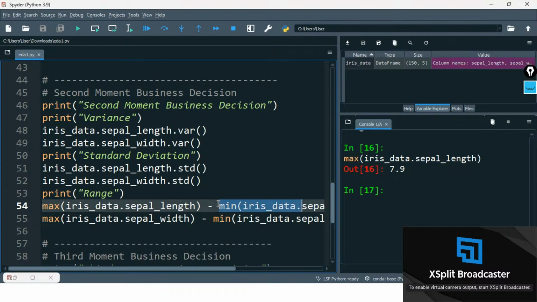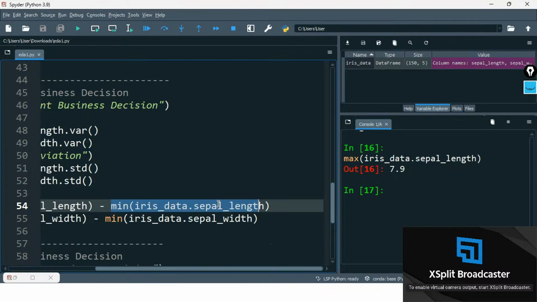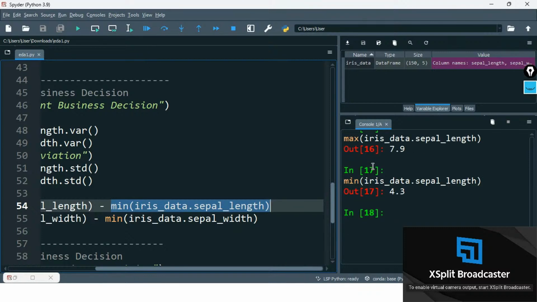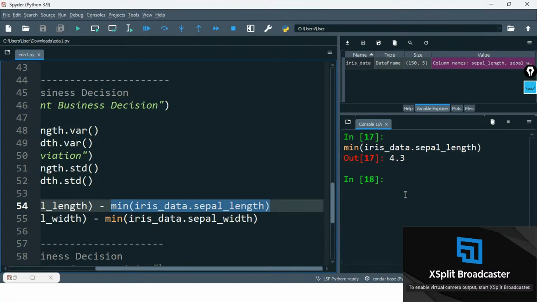For that, I have to select the entire portion of this minimum function and execute. Yes, I got 4.3. Now perform the difference. 7.9 minus 4.3. 7 minus 4 is 3. 0.9 minus 0.3 is 0.6. So together it is 3.6 should be the output.